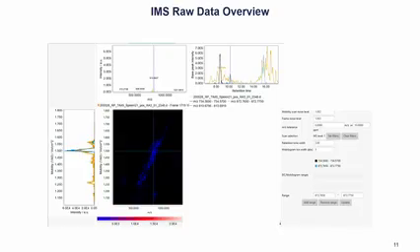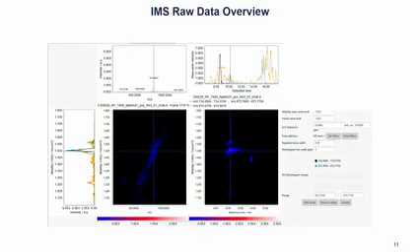Now on the side of the frame heat map, you can also see a mobilogram, which is simply the intensity plotted over the mobility dimension at that particular retention time that's selected. Then you can also show the ion mobility trace, which is the mobility dimension across the retention time dimension. So essentially the chromatogram expanded into the mobility dimension.